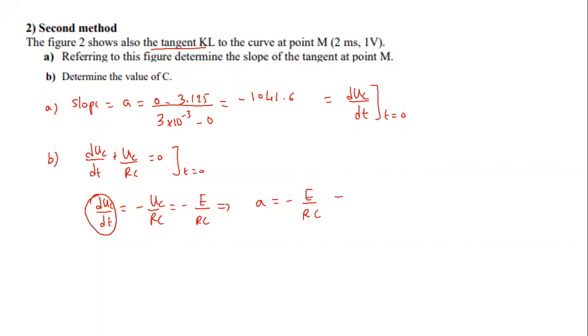The question is to find C, which means that C equals minus E over R times a, the slope. We have E, we have R, we have the slope that we found in the previous part, so we get C equal to 10 to the power minus 6 farad times 0.96, approximately equal to 1.